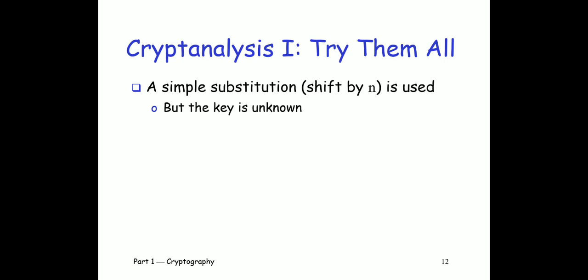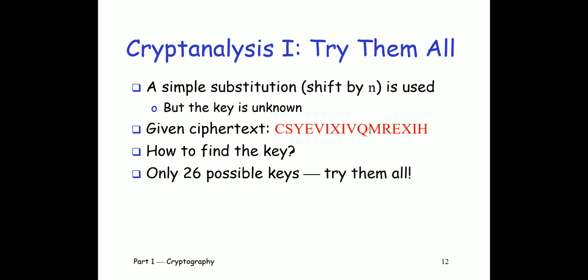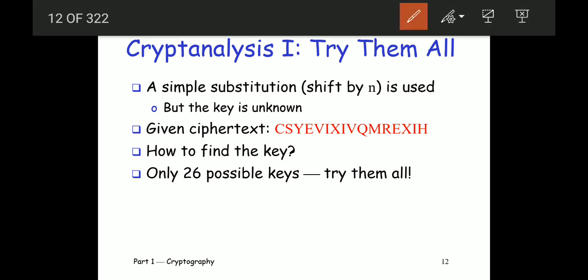Cryptanalysis: try them all. A simple substitution, shift by n, is used, but the key is not known. Okay, so given the ciphertext, how do you find the key? In this case, as we have only 26 alphabets in the English language, the key value can range somewhere between 0 to 25.